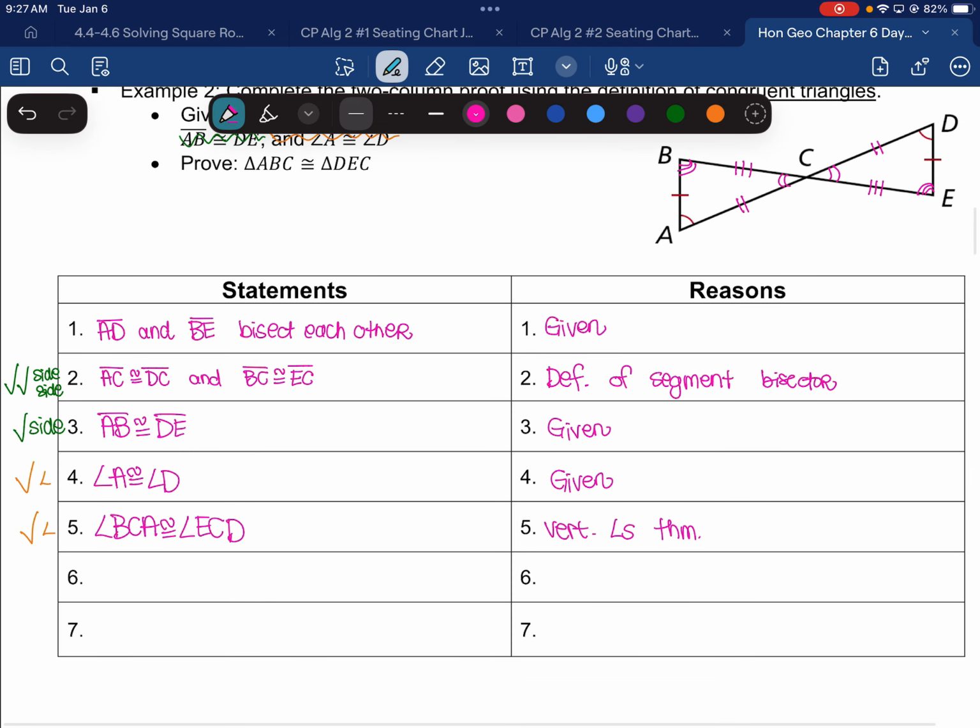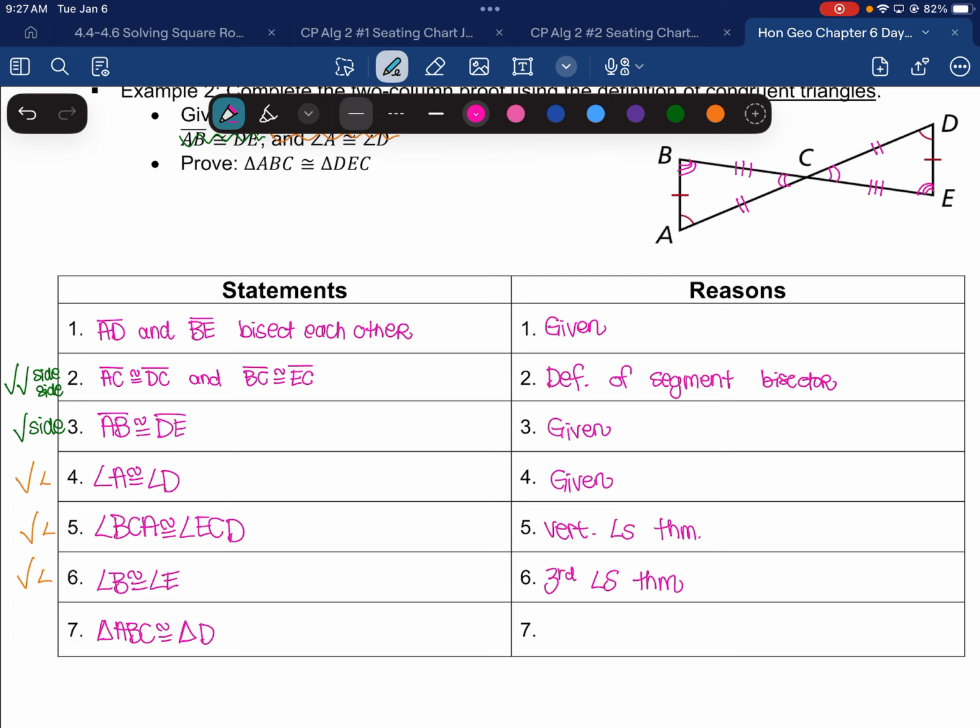And then I can talk about my third pair of angles. Angle B is congruent to angle E by the third angles theorem. There's your third pair of congruent angles. So then you write your proof statement.